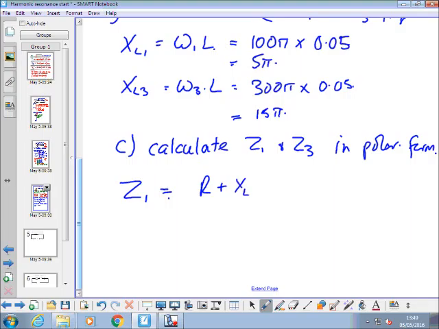What you missed off there is a very important thing: the j. Complex number. Must not forget that j. R is 1.5 ohms.